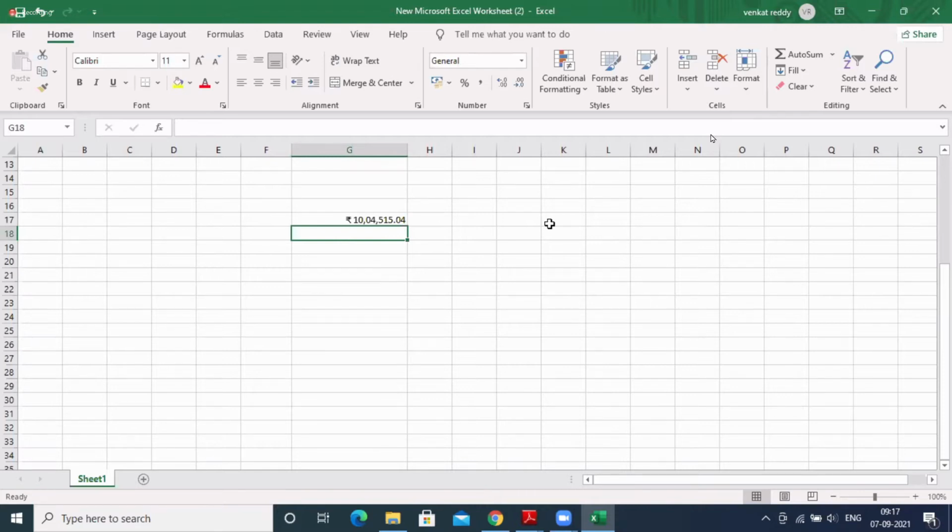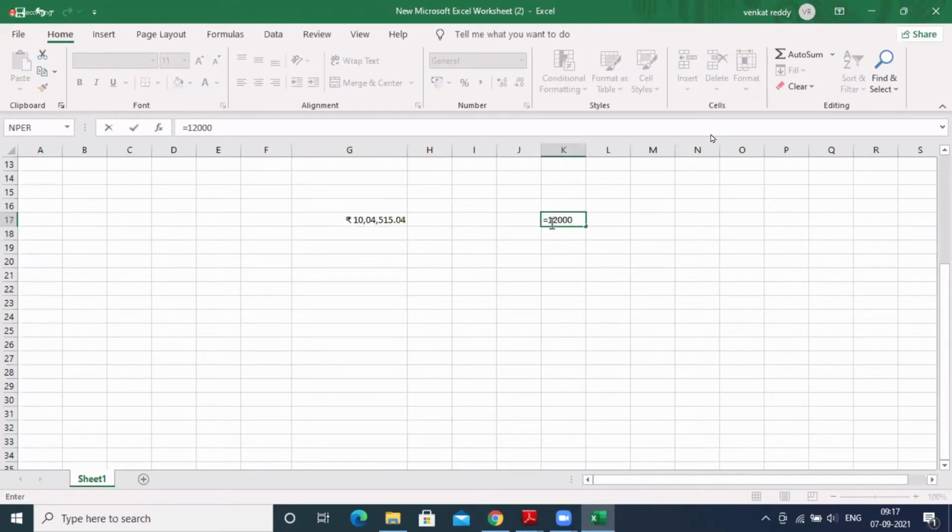This is the power of compounding. Generally 1,000 means 12,000 per annum, and for 30 years, 12,000 into 30, how much will it be? 3,60,000. But with the effect of compounding, your future value of the amount will be around 10 lakhs 4,515.